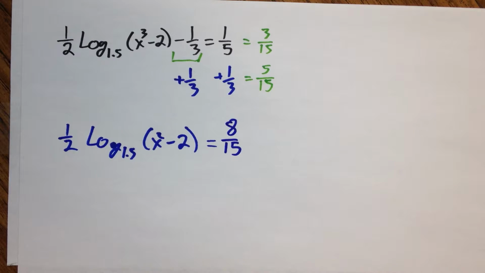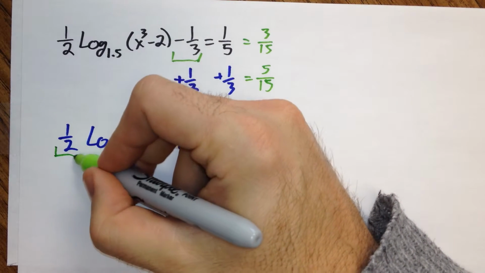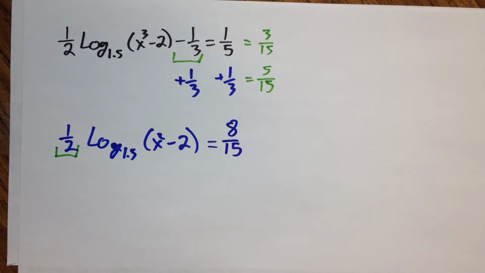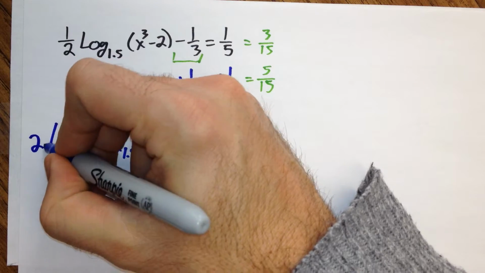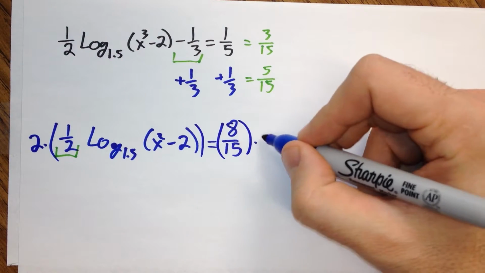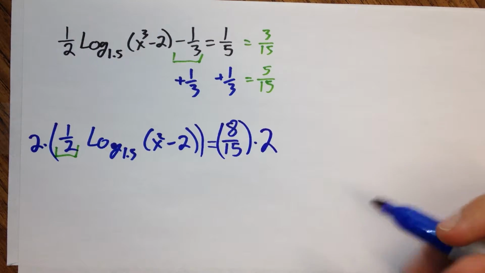Now I look back at the problem again, and it seems to me that the next part that we're going to undo is this 1/2. So to get rid of this 1/2, I'm going to multiply by 2. You could, of course, divide by 1/2. Dividing by 1/2 and multiplying by 2 is the exact same thing.